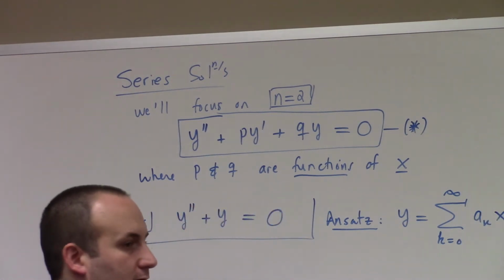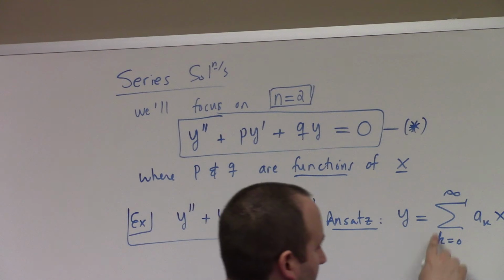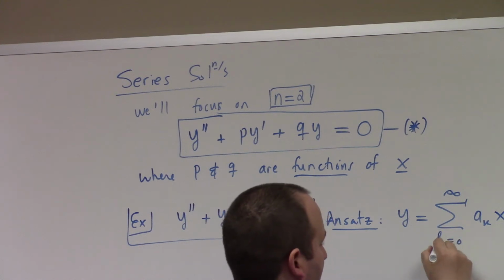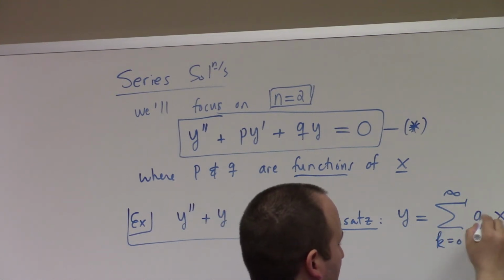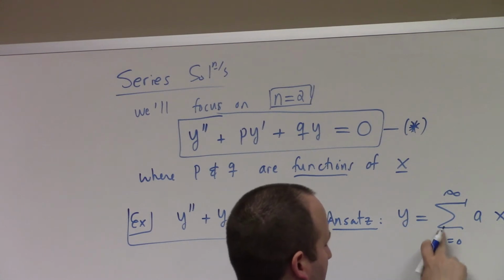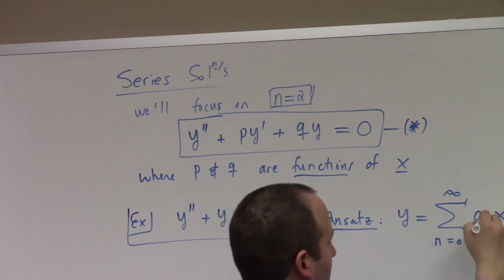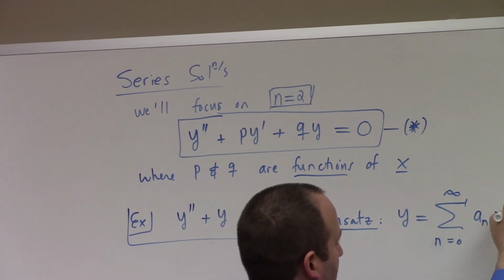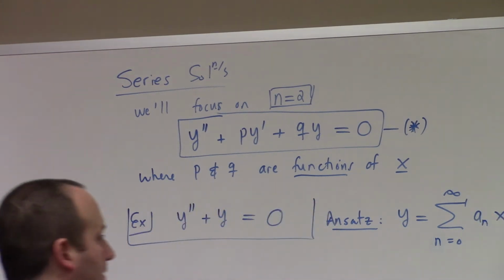Maybe I should use n instead. I'm going to use n, if you guys can forgive me. The sum n equals 0 to infinity of a sub n x to the n. There, it's easier to look at.